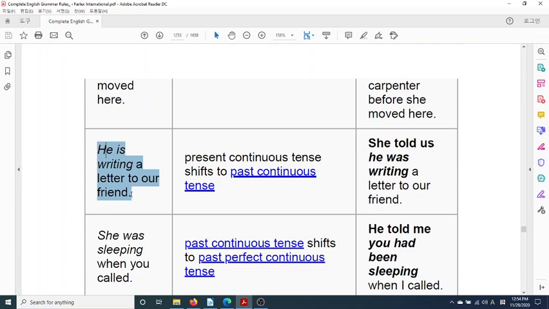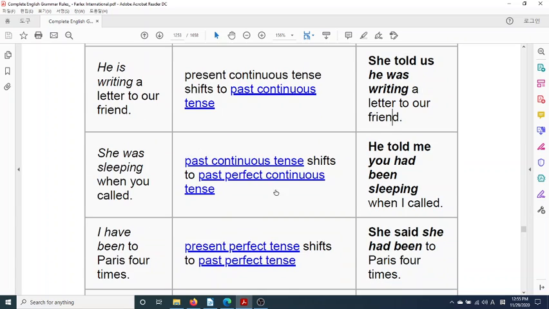He is writing a letter to our friend. Aha! We have present continuous, so you need to make it past continuous. She told us he was writing a letter to our friend. She was sleeping when you called. Aha! Past continuous needs to be past perfect continuous.